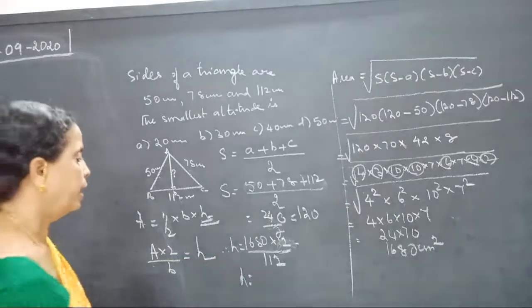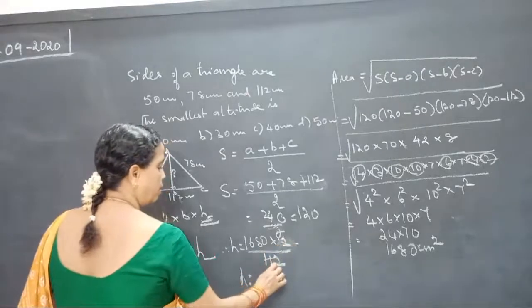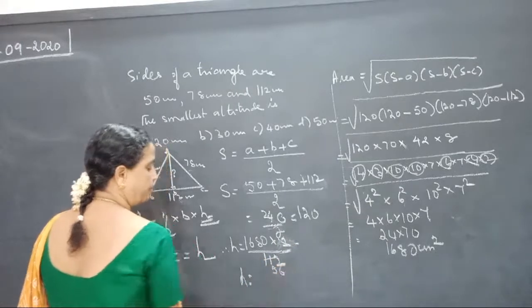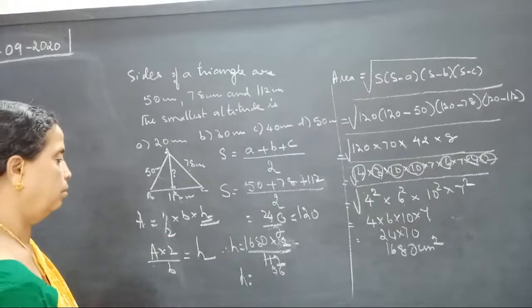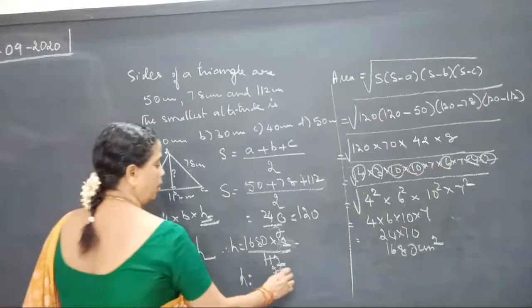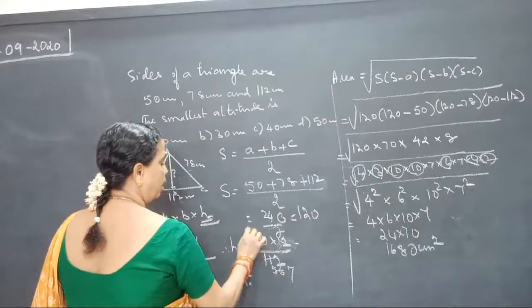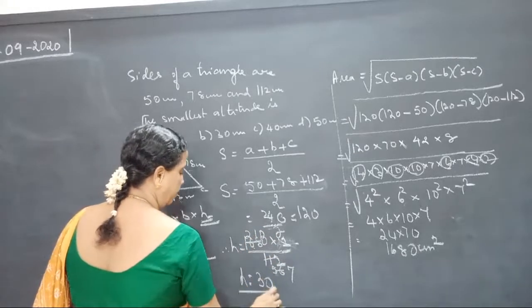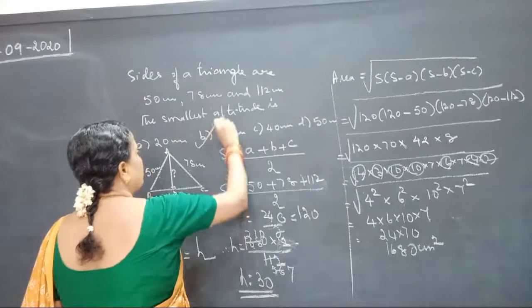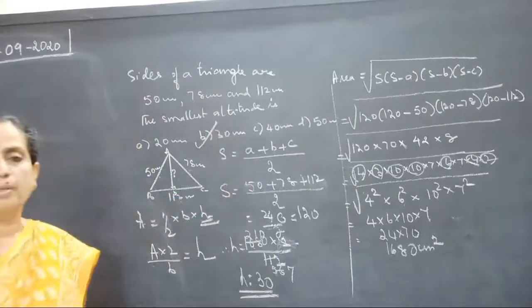Cancelling, 2 5s are 10, 2 6s are 12. Further, if you divide, 8 7s are 56, so you will get H equals 30. So option B is the right answer.